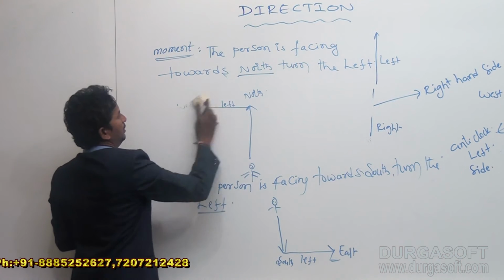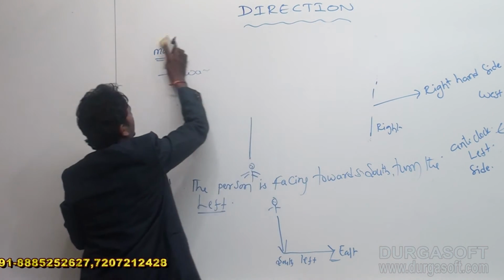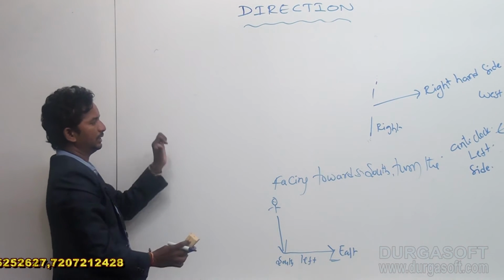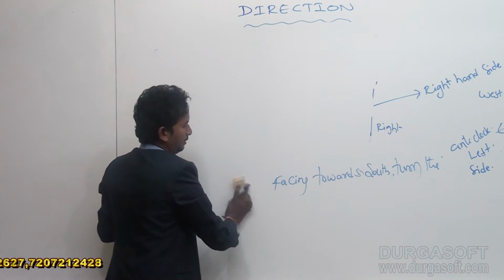Now this is the introduction of movements. Now how many types are there in the directions problem? Now see one by one.